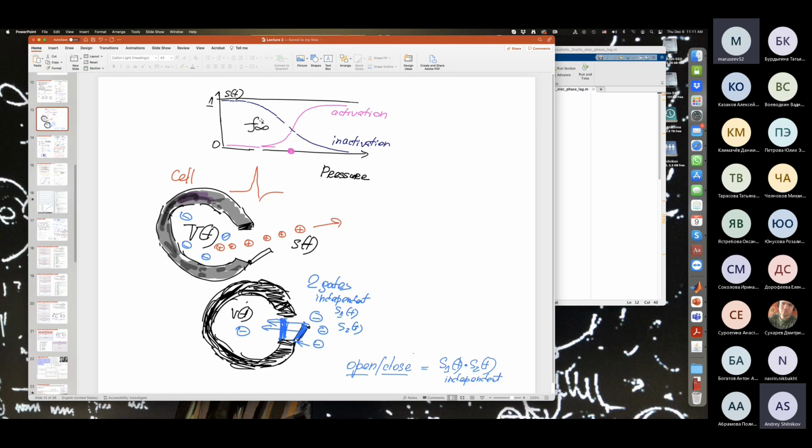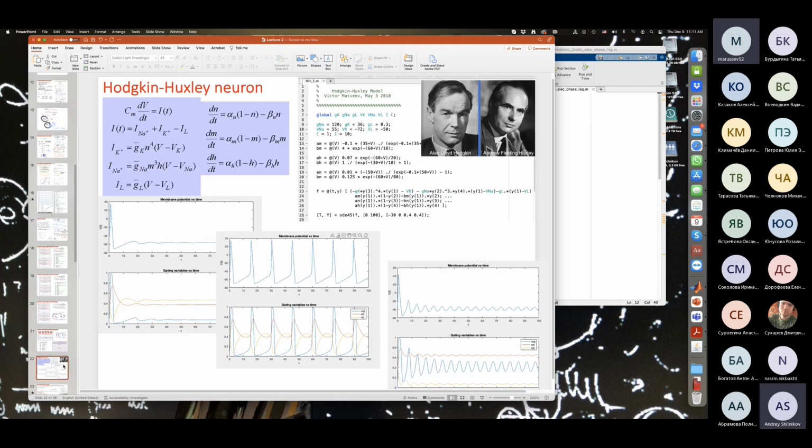If the probability is 0, the current is non-existent. If the probability is 1, the current is fully maximized. And of course, there are intermediate values, so the gate is slightly open, but ions can still sneak through, which means the current is not strong enough. The strength of the current is determined by the maximal conductance. That's what Hodgkin and Huxley proposed.